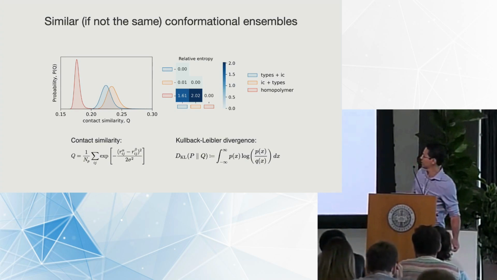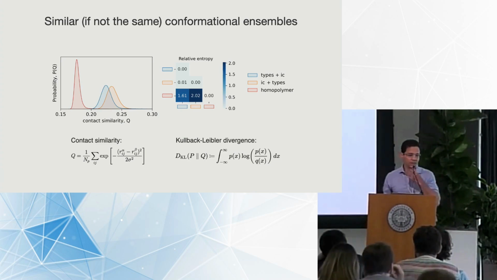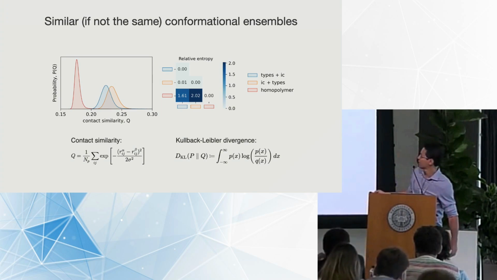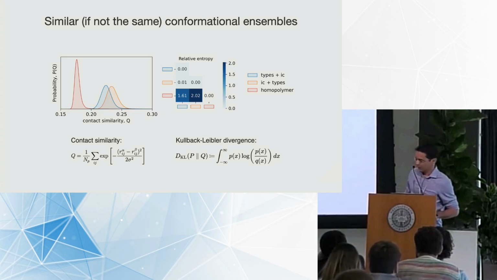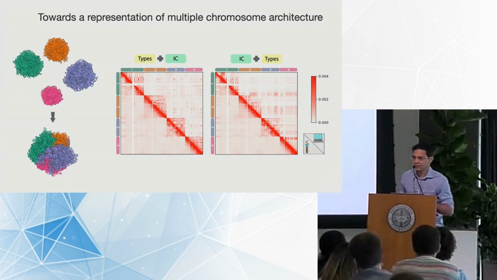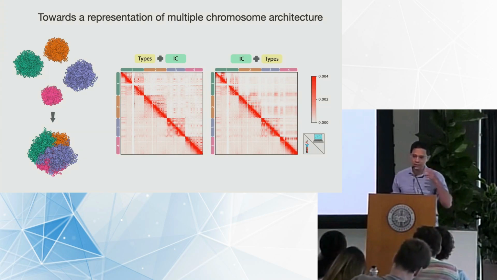Q measures the similarity between the different structures. And then when we compare the relative entropy between the ensembles, it's mostly the same for the two approaches for training the chromosome interactions. But what I want with this, as I mentioned in the beginning, is that the chromosomes are organized as territories, and we had this caveat in the model.